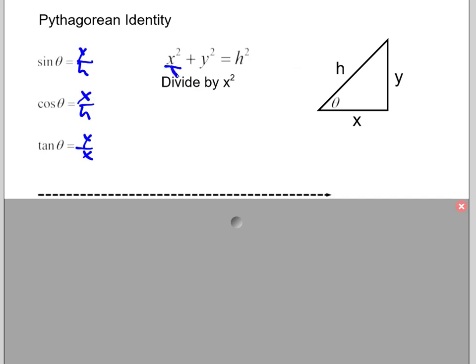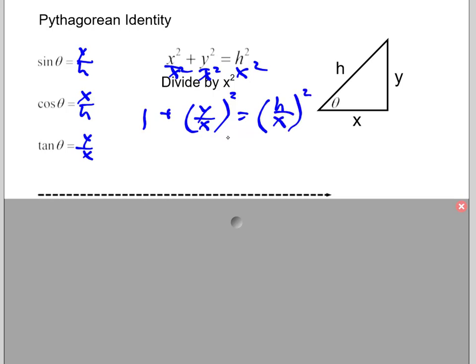So I'm just going to cheat a little bit and write it up here for the interest of time. Okay, so now x squared divided by x squared is 1. Y squared divided by x squared is y over x all squared. And h squared over x squared is just h over x all squared. Now, the first term is easy. That's just a 1.